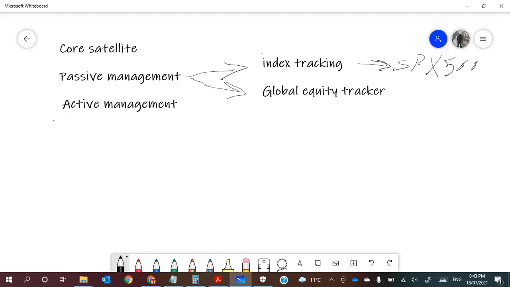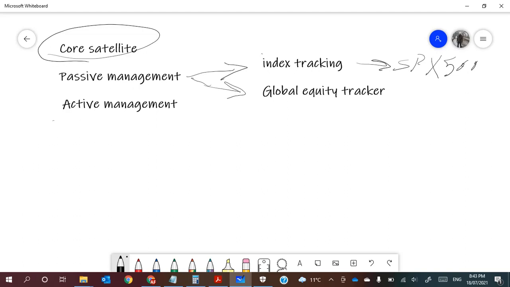So what is core satellite investment? Having considered both active and passive management, core satellite actually can combine these two in one management system.